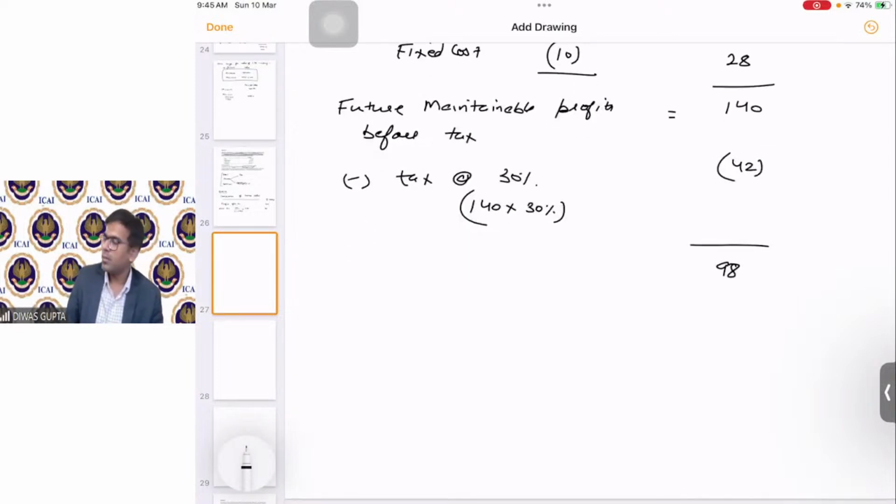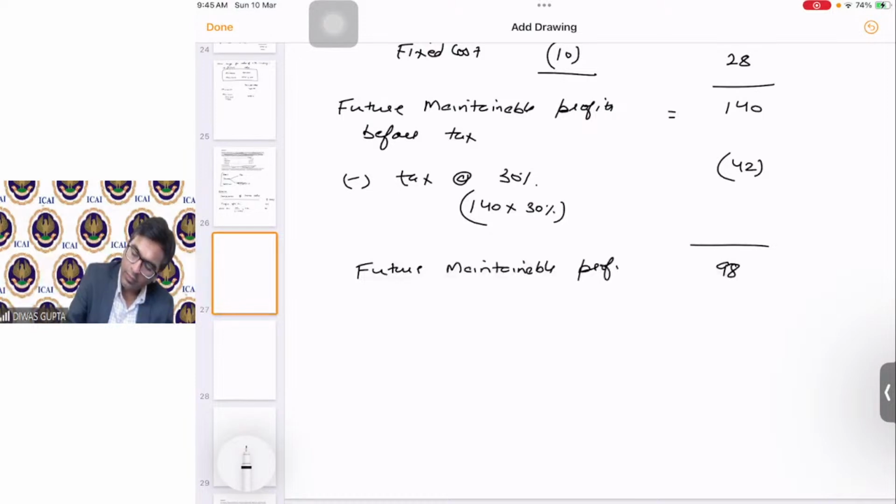So the value, first of all, future maintainable profit after tax is equal to 98.